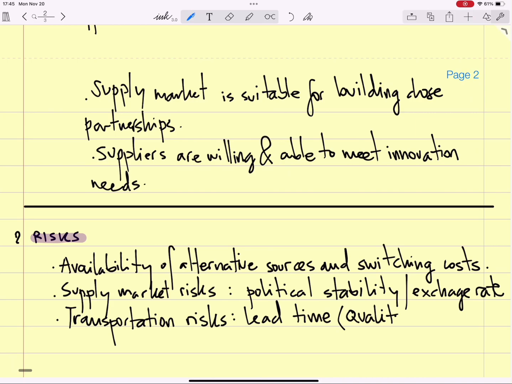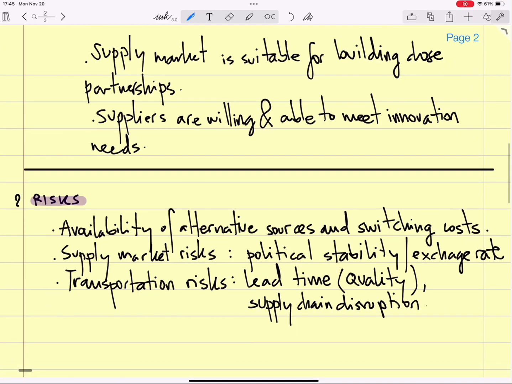Think about Little's law, and any supply chain disruption. If you use local suppliers, then you can be very flexible. Think also about intellectual property protection.